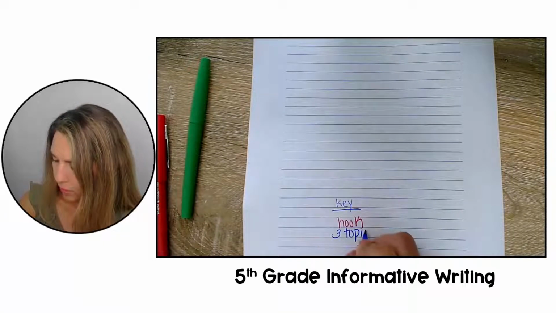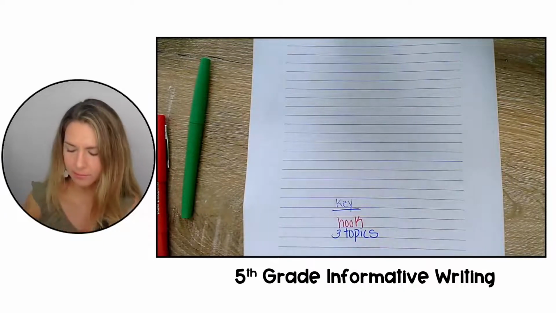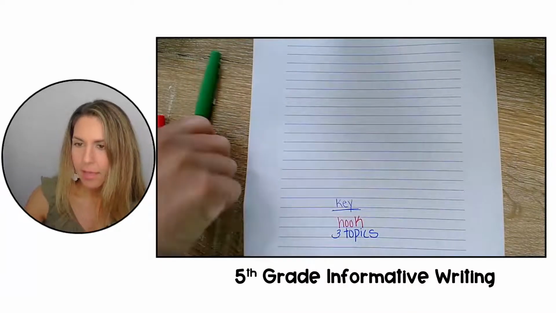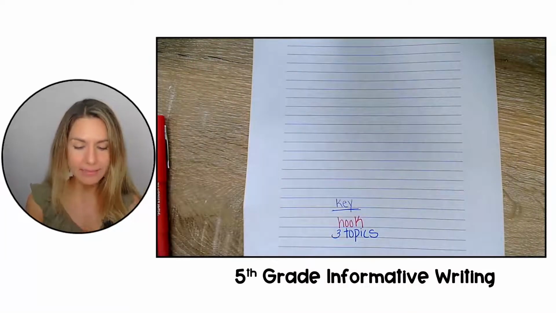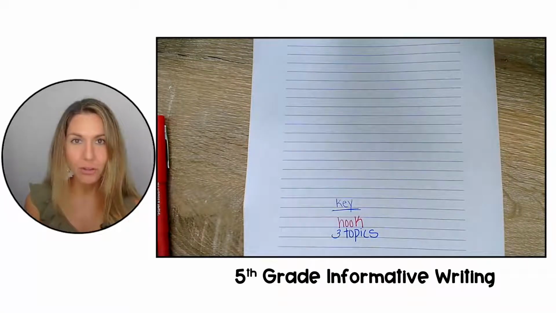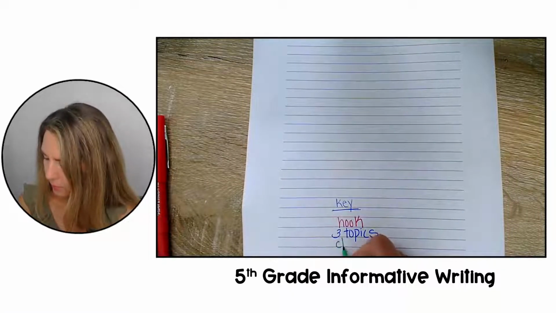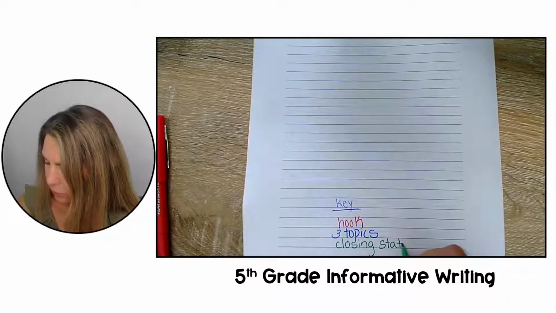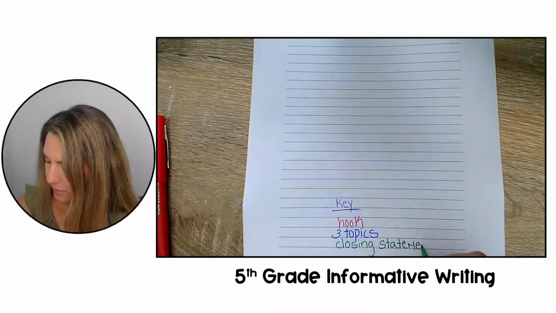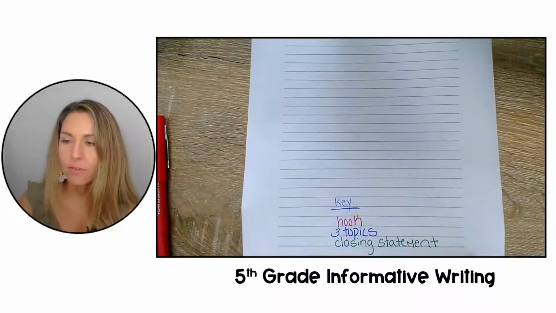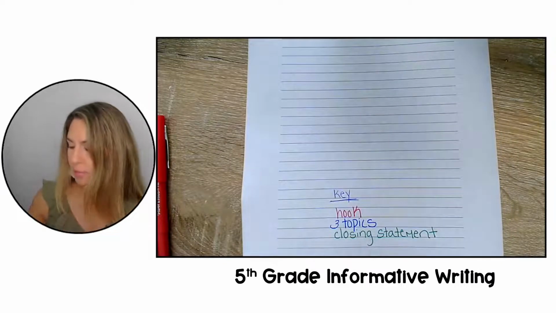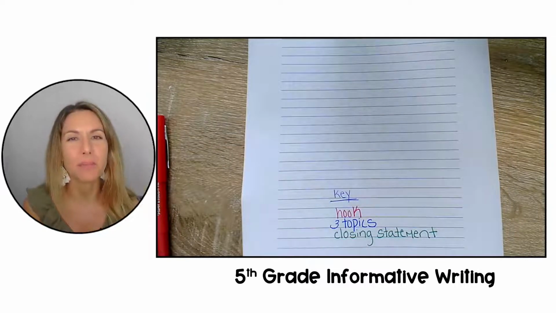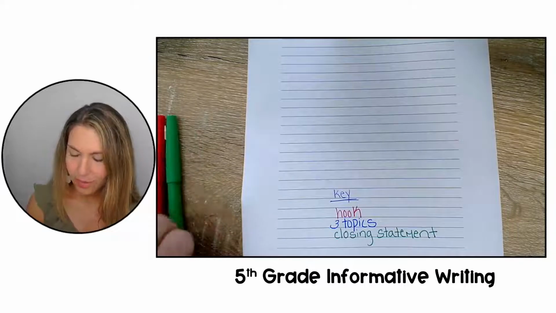This blue color represents the 3 topics. And I will write the very last sentence of my introduction paragraph, which is our closing statement, in green. So when you see my green sentence, you know that that is my closing statement. If you ever forget today what the colors represent, simply look down here at the key and it'll remind you. Okay, so let's get started.